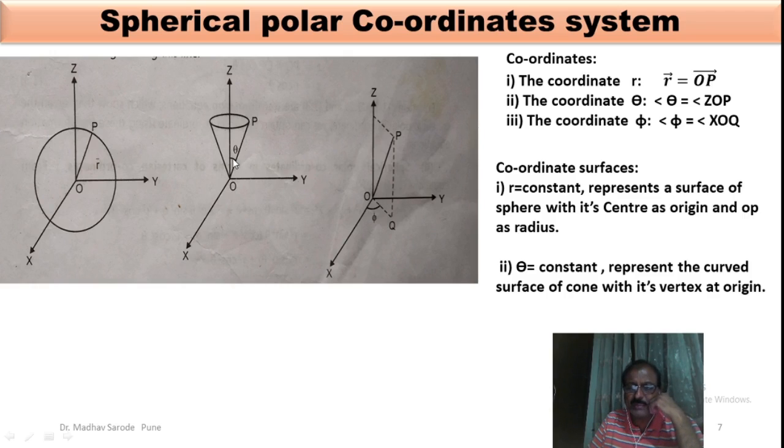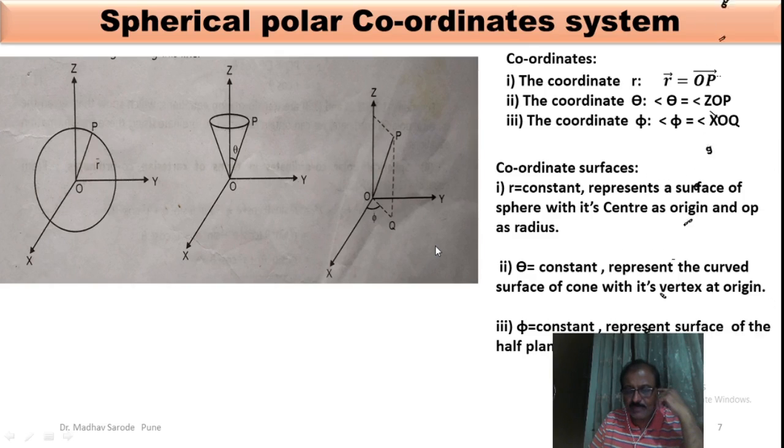So this is the second coordinate surface in the spherical polar system. Then the third surface is phi equal to constant, this azimuthal angle phi. It represents the surface of a half plane with its edge along the z axis. So these are the coordinate surfaces in spherical polar coordinates.